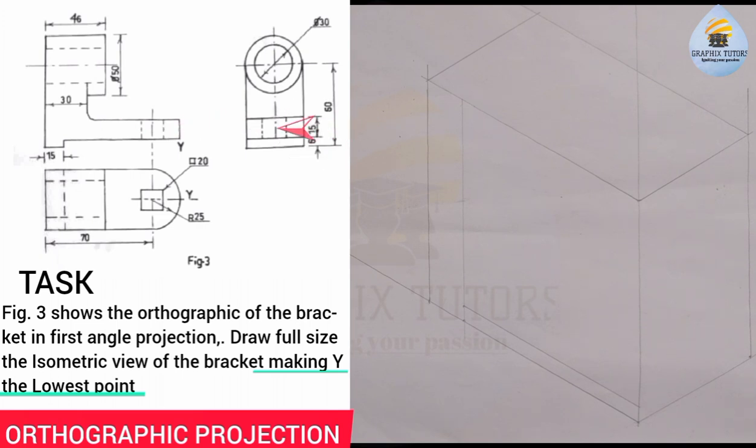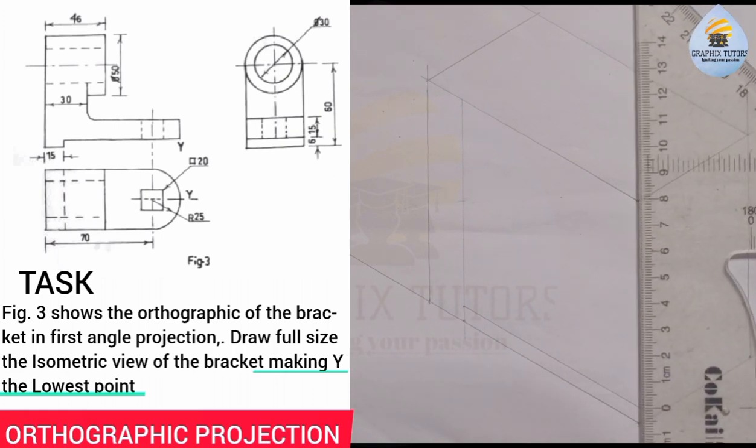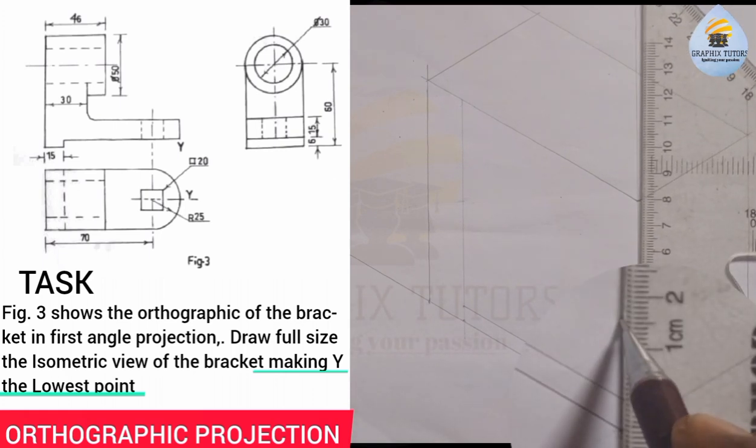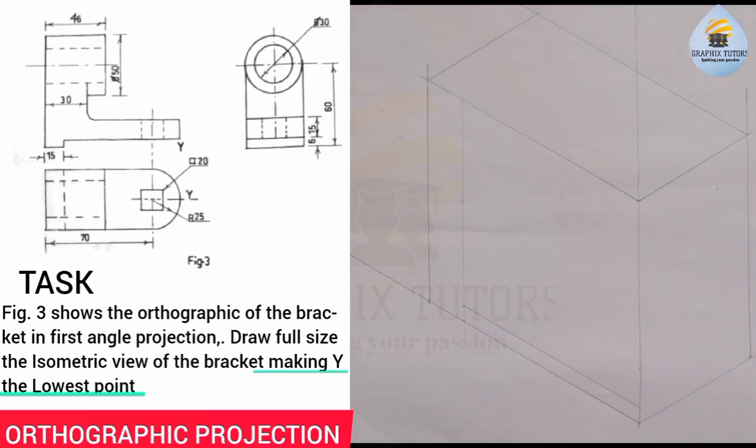From here to here is given as 15. So I'll measure 15 upward from this point, from 0 to 15, right?